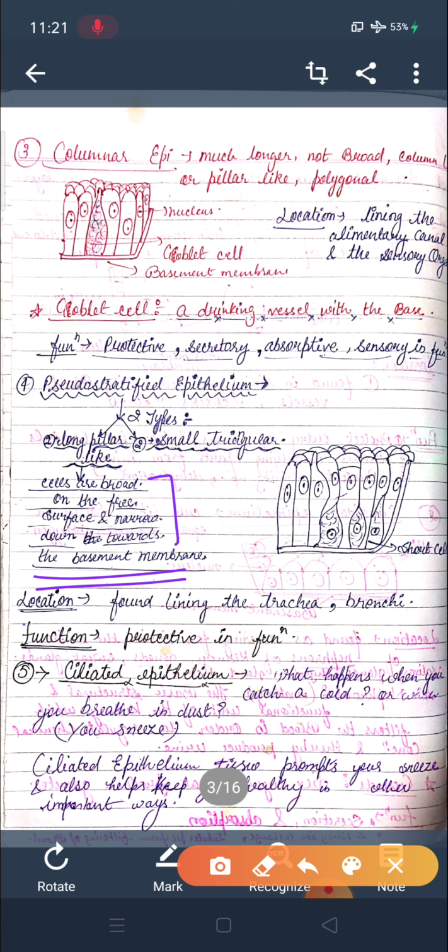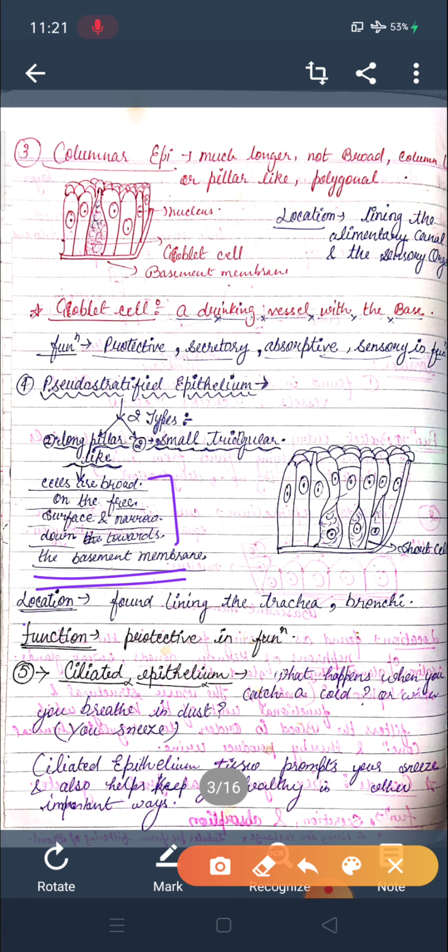If we talk about the small triangular, then it seems to be two layered but actually single layered.